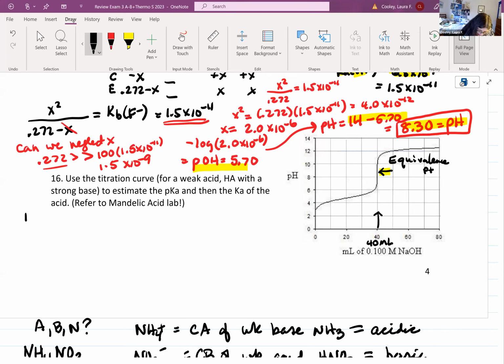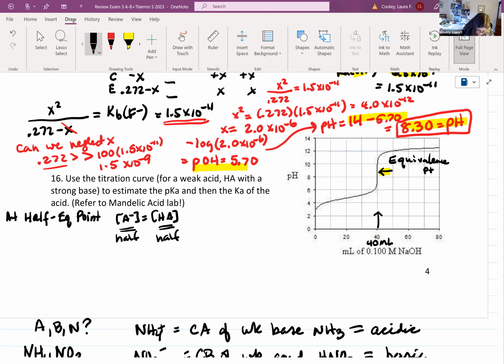So there's something called the half equivalence point, which is halfway to the equivalence point. At the half equivalence point, the concentration of anion and the concentration of acid is the same. That's what it means. It's when you have half anion and half undissociated acid.